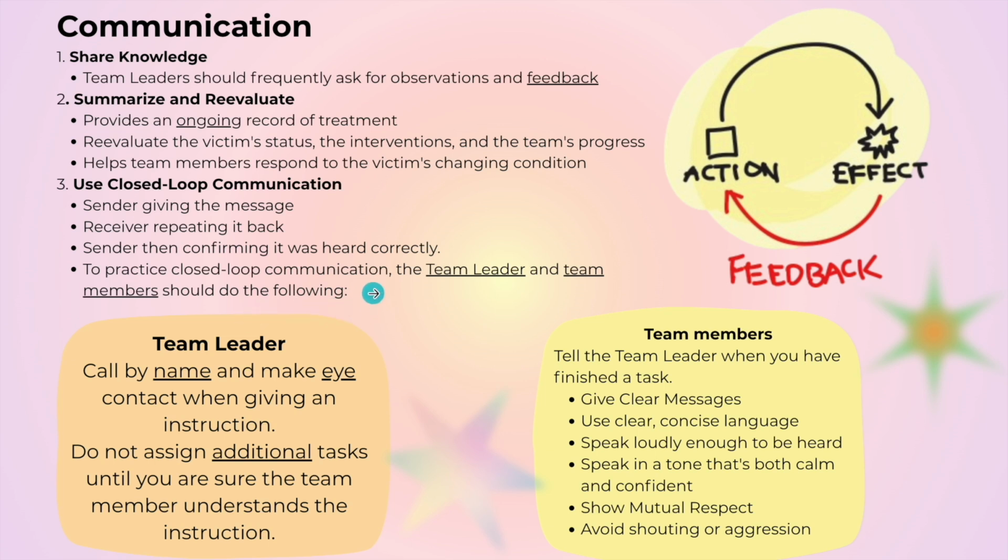The team leader calls each team member by name and makes eye contact when giving an instruction. Do not assign additional tasks until you are sure the team members understand the instruction. Team members confirm that they understand each task that the team leader gave, and they need to verbally acknowledge the task. Tell the team leader when you have finished a task.